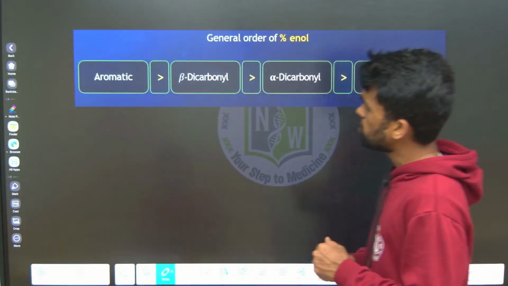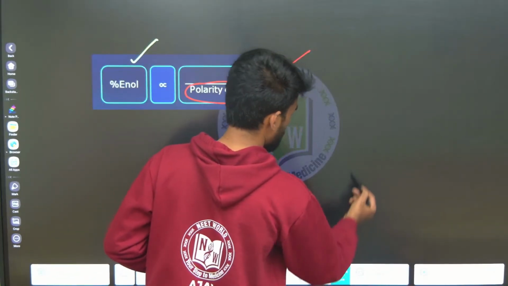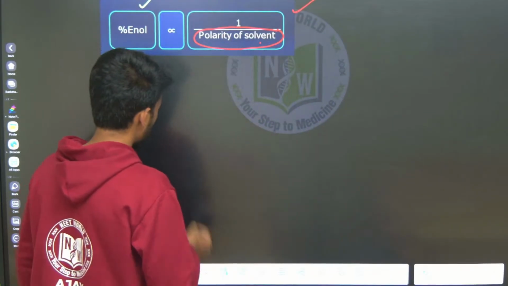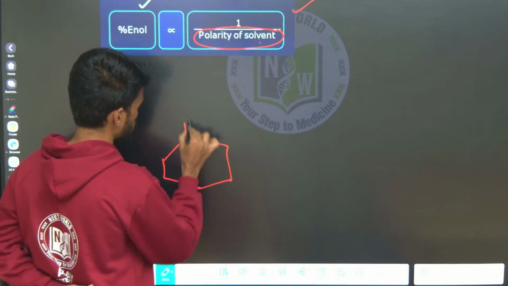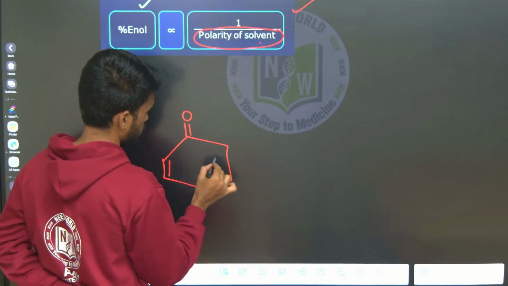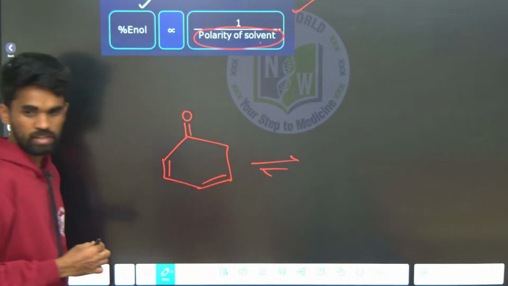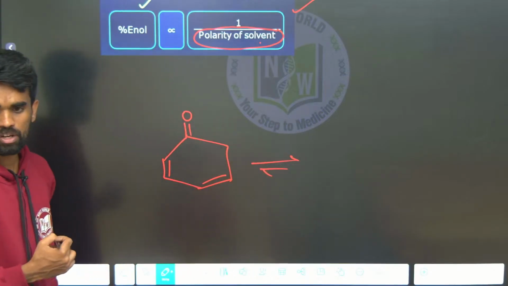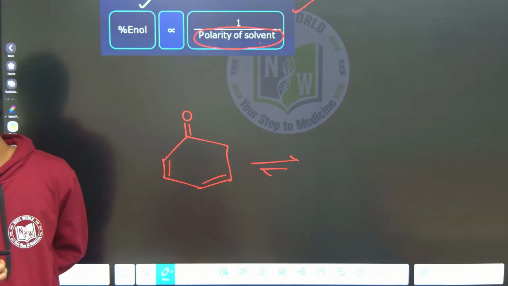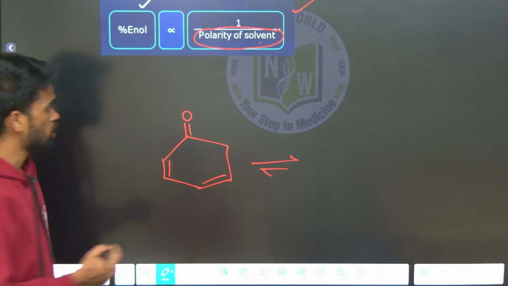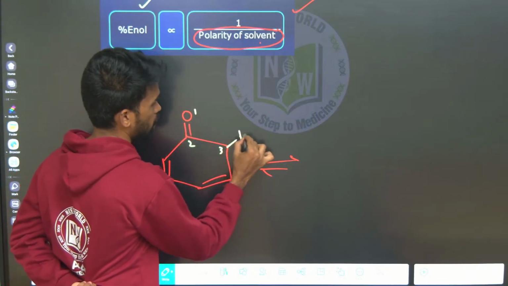Okay. So now, what are the other factors we have for making enol form? See, you can observe this. Like this it is given. Tell me, keto form or enol form it is? Keto form. So now 1, 2, 3. So here we have alpha hydrogens now.